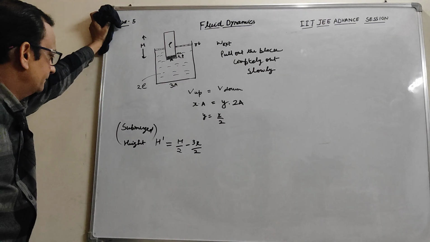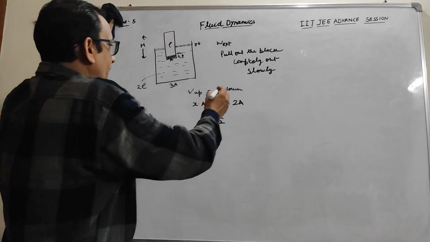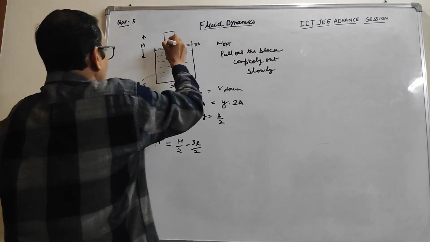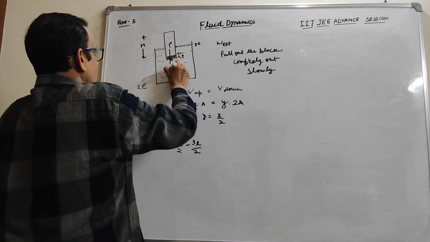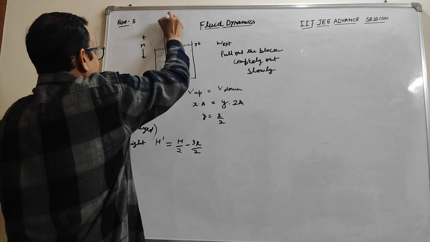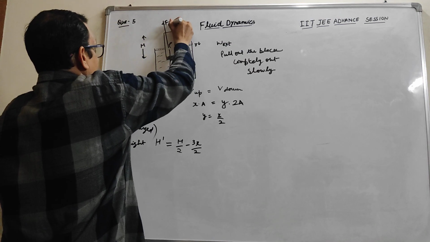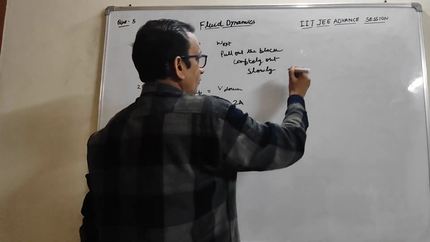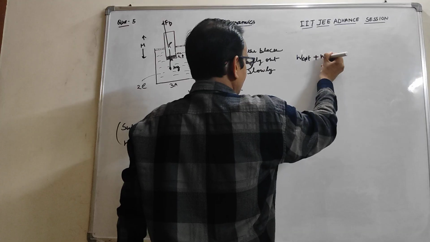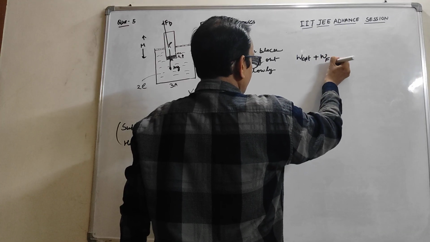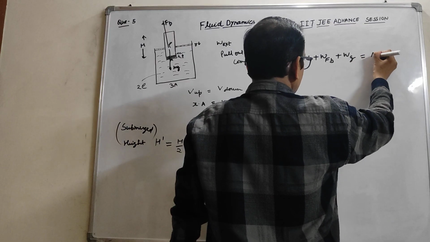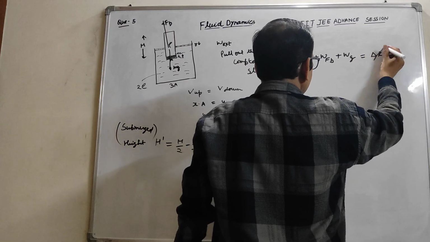Now we apply the work energy theorem. Here mg is acting, and the buoyant force Fb is acting. So by the work energy theorem, work done by the external agent plus work done by the buoyant force plus work done by the gravitational force is equal to the change in kinetic energy, that is 0.